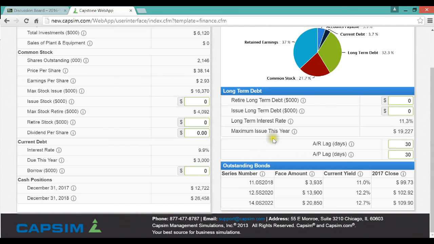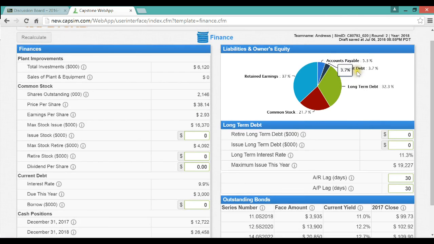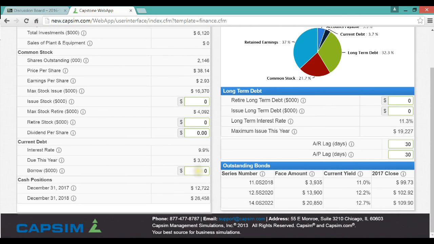So with that in mind, I say we swap out some long-term debt for current debt and get that cheaper interest rate. So I'm going to borrow $10 million worth of current debt, and I'm going to retire $10 million worth of long-term debt.